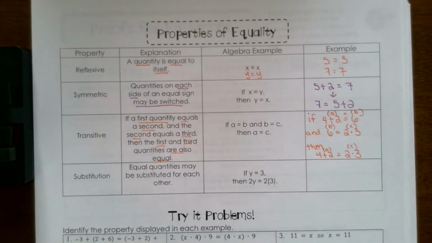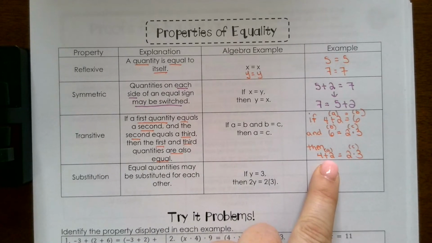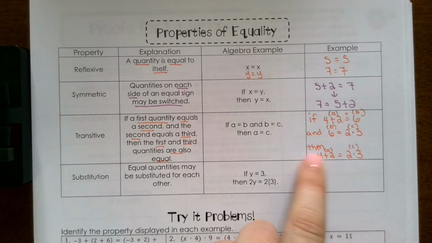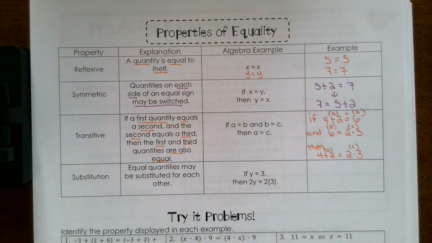And again, I think you will agree that 4 plus 2 is 6, and 2 times 3 is 6. So that is a true statement, and that is an example of the transitive property.